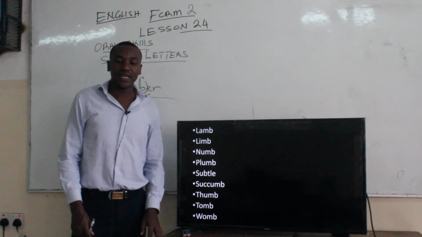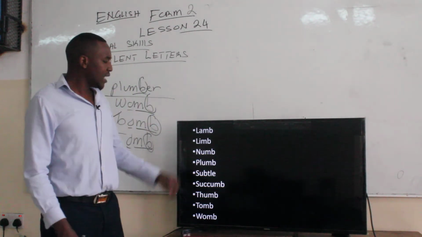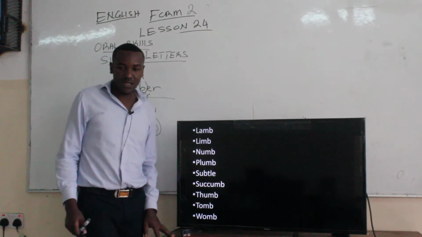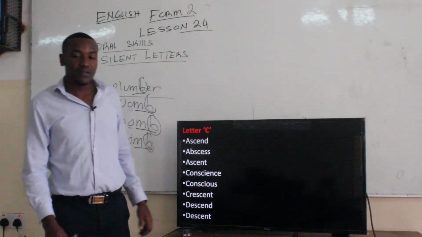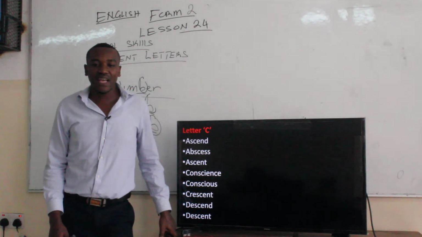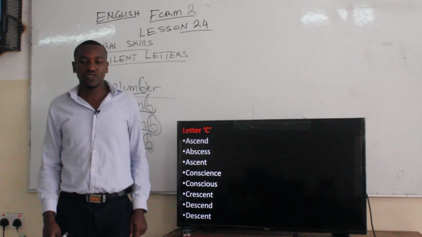Now let's get to the next letter, which is letter C, and identify the words with a silent C. We have the first word as ascend. Then abscess.